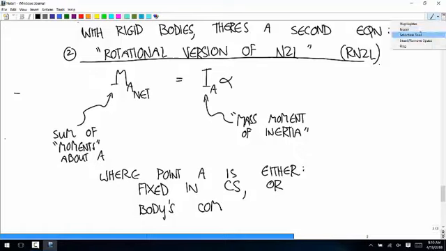Okay, here is the thing. The sum of the moments, you can think of as an angular version of a force. You can think of that as the angular version of F net in this case.